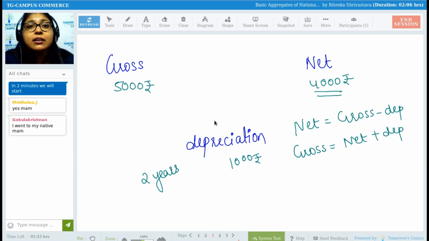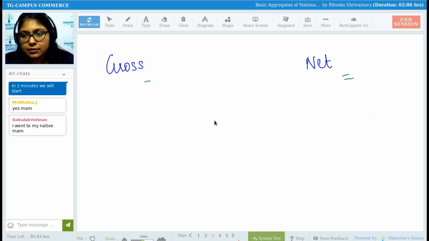I will give it to you in a flowchart format so that it becomes easier to understand. So first of all, again, gross and net. Gross value is the actual value at which you purchase the goods and services. Net value is the value which remains in your hand. Gross and net have a relationship with depreciation. Now I'll tell you how you can remember this.